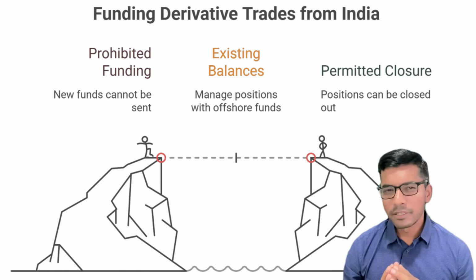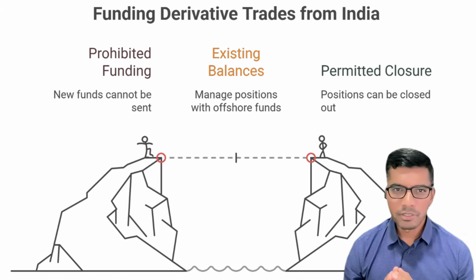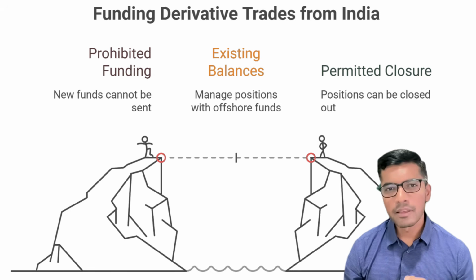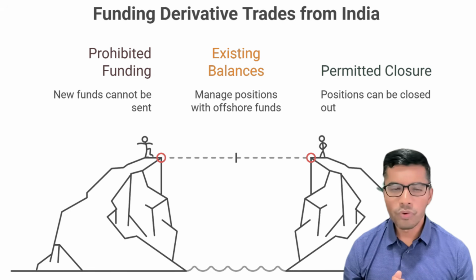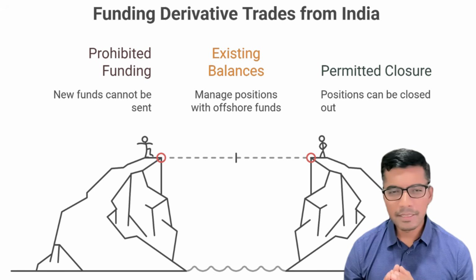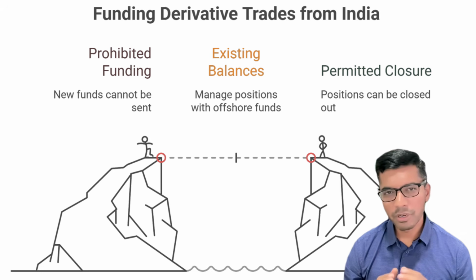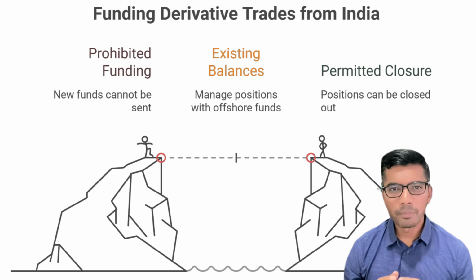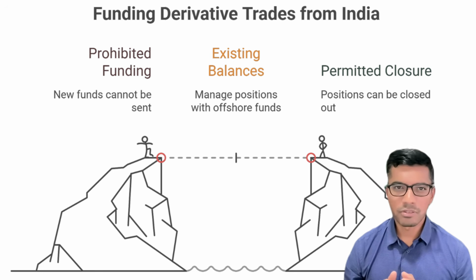Now, let's look at the margins and futures options. Trading US derivatives is subject to tighter restrictions. Sending money from India to fund new options or derivatives is prohibited. As per India's LRS, Liberalised Remittance Scheme, you can't remit money from India to fund overseas derivative transactions.